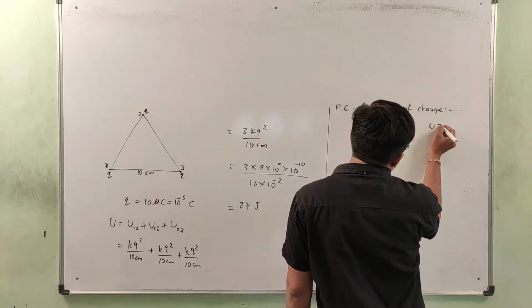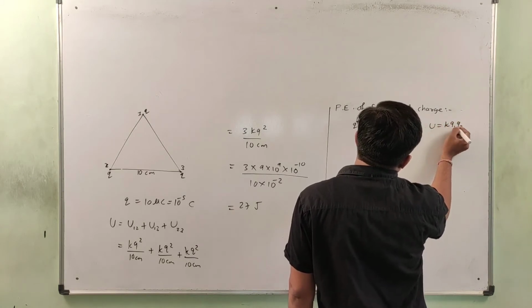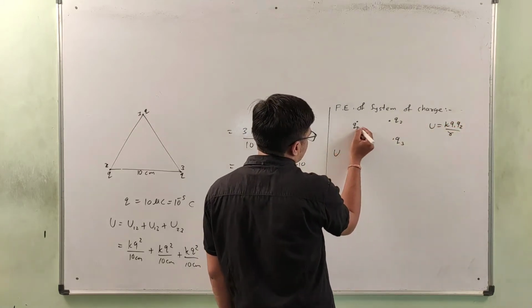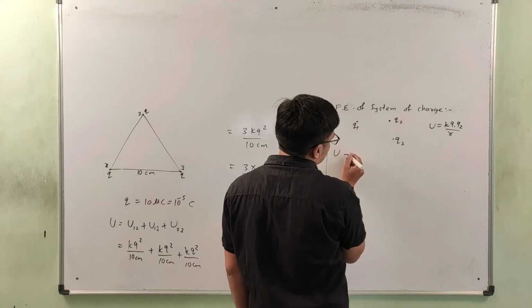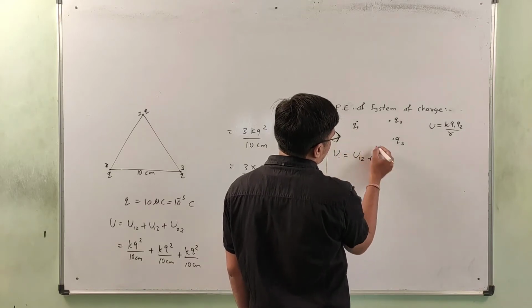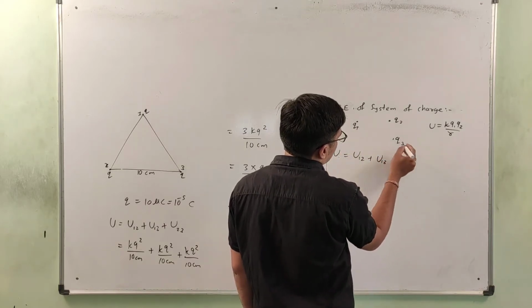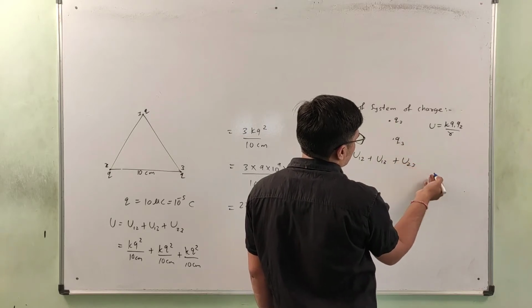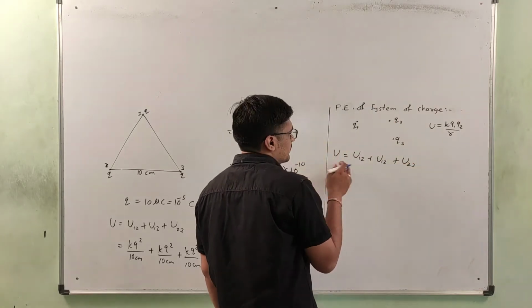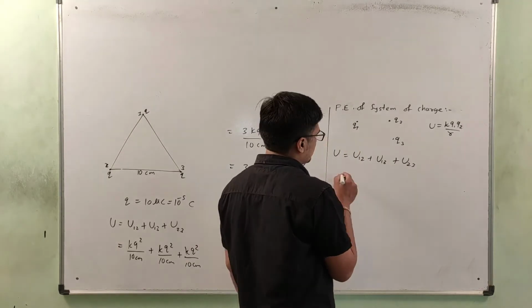The potential energy of two charges is K Q1 Q2 by R. So now make a pair of charge Q1 with 2, that is U12, make a pair of charge Q1 with 3, U13, and make a pair of 2 with 3. Add all these terms, then you will get the potential energy of the system of charges.